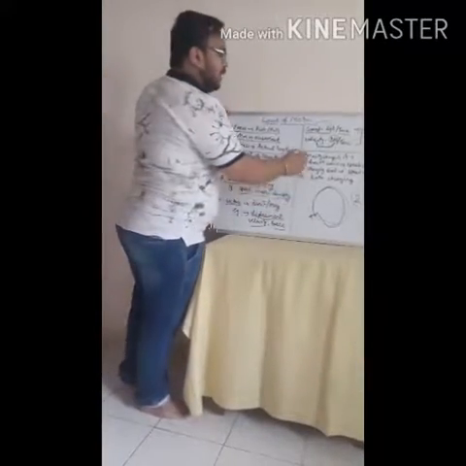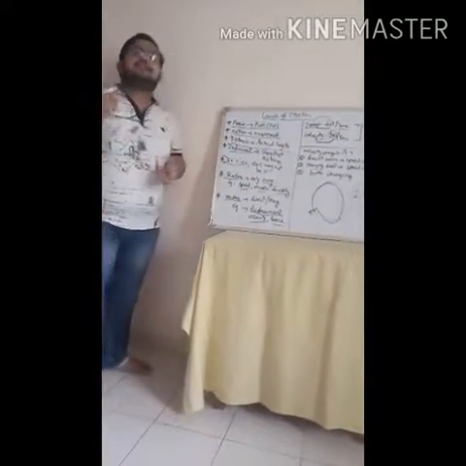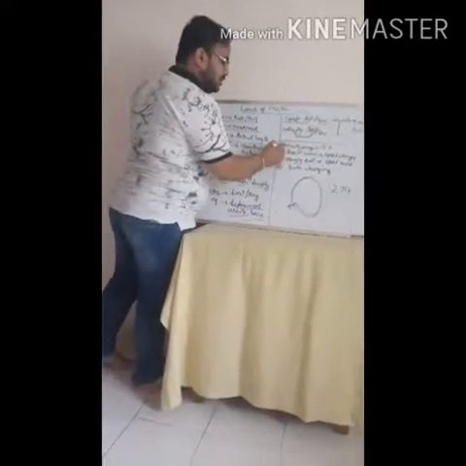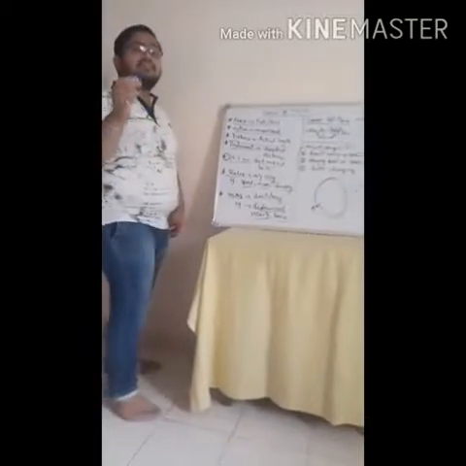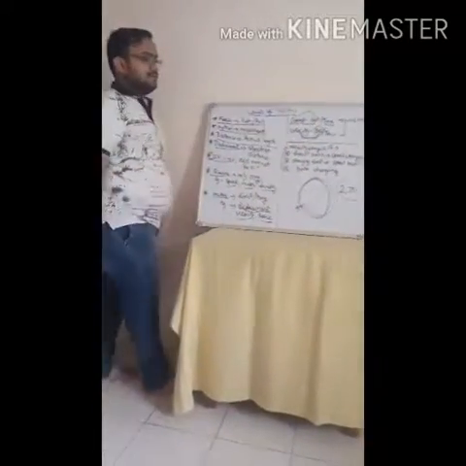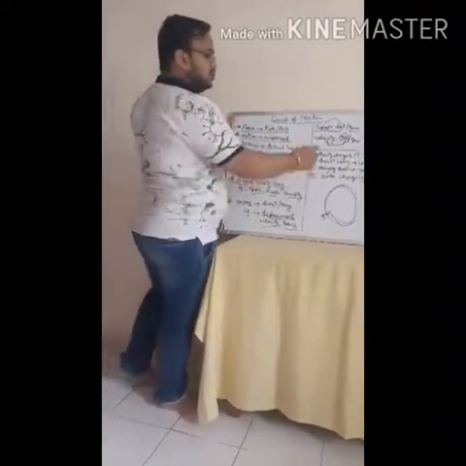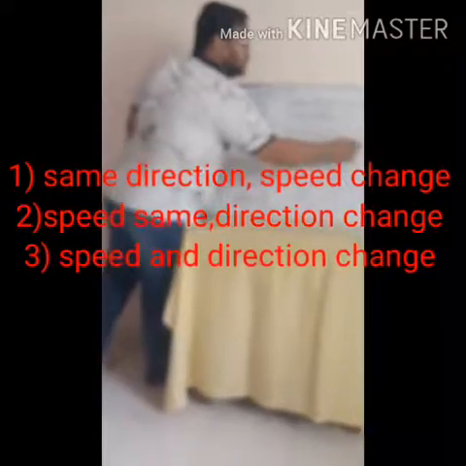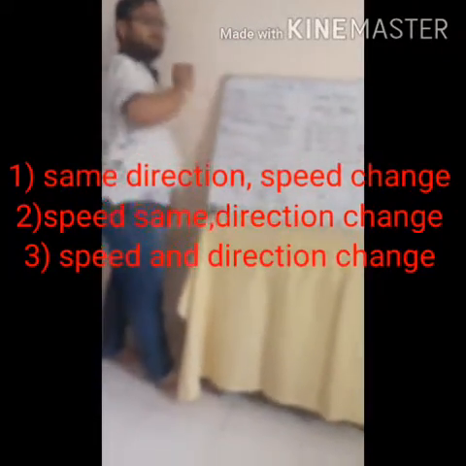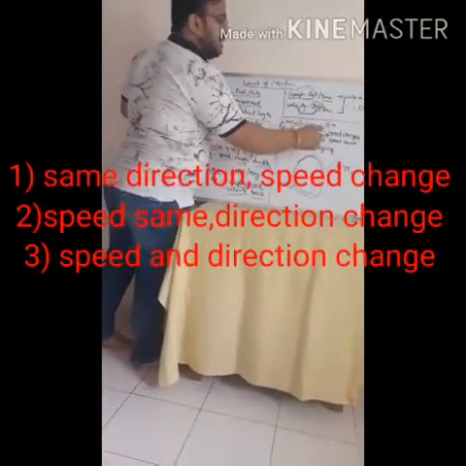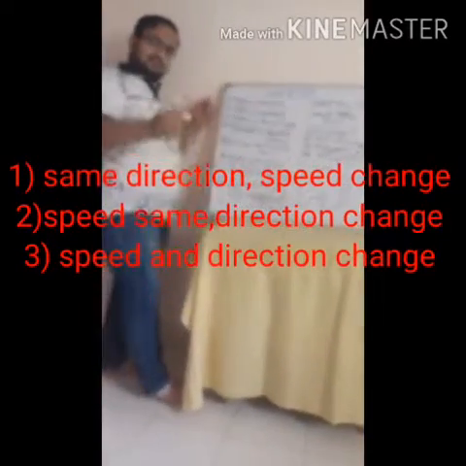Now, there are certain conditions for velocity changing. Velocity is related to displacement. So if you keep the direction same and change the speed, the velocity will change. If we change the direction and keep the speed same, it will change.